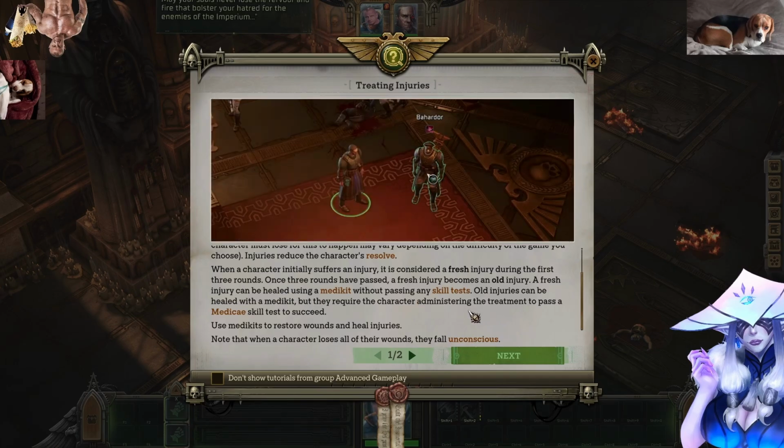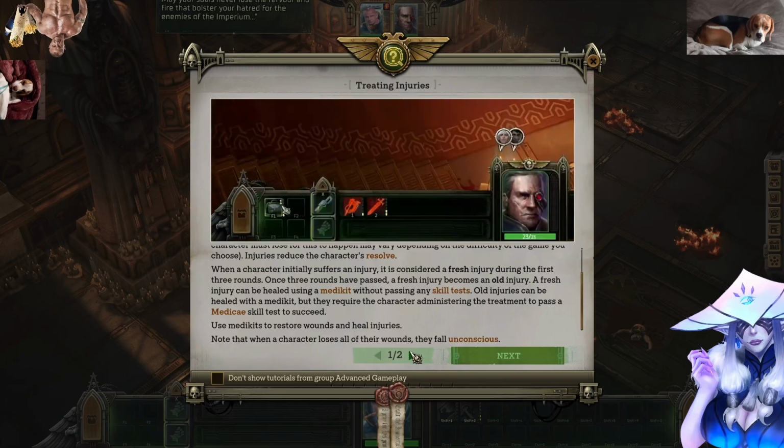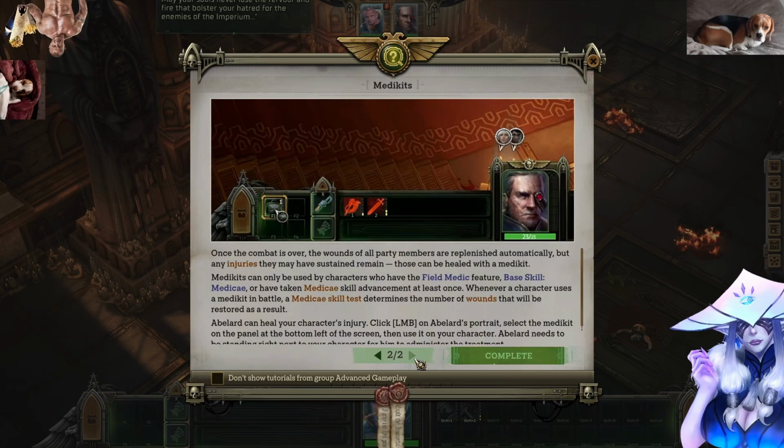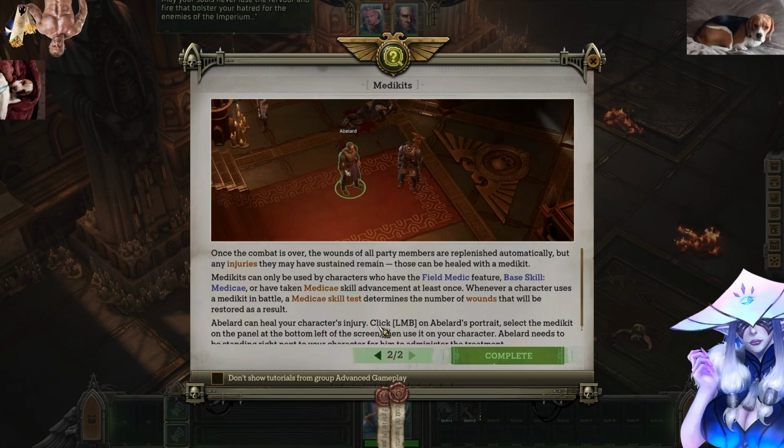Old injuries can be healed with a medikit, but they require the character administering the treatment to pass a medikit skill test to succeed. Use medikits to restore wounds and heal injuries. Note that when a character loses all of their wounds, they fall unconscious. Once the combat is over, the wounds of all party members are replenished automatically, but any injuries that may have sustained remain. Those can be healed with a medikit.